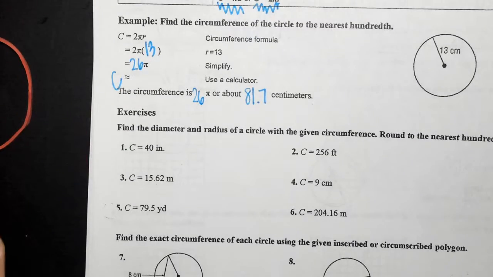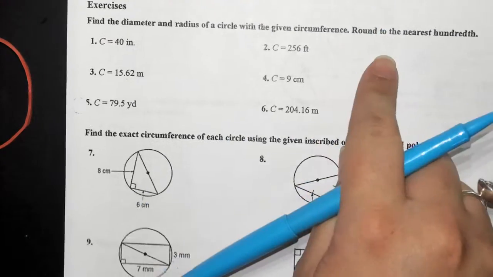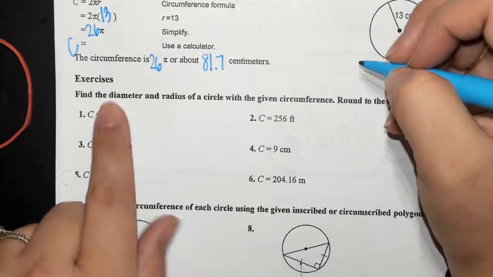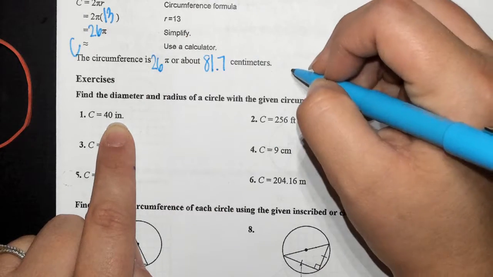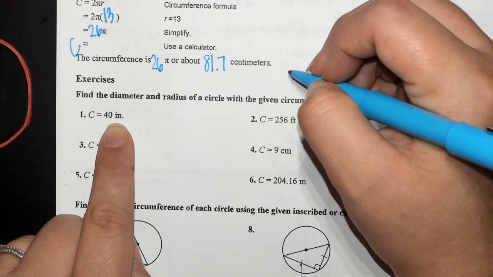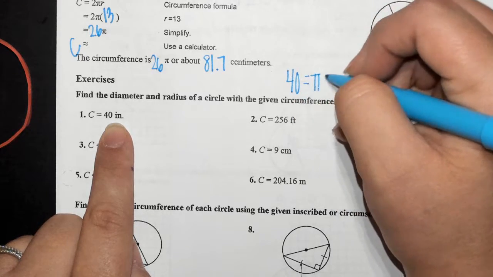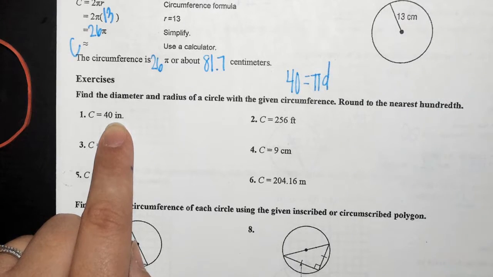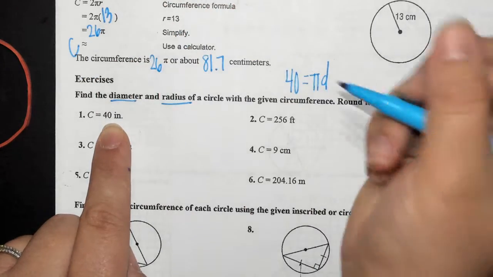Okay, so for number 1, find the diameter and the radius of a circle if we're given the circumference. Well, if I know the circumference is 40, are y'all paying attention? If I know the circumference is 40 and I want to find the diameter, can't I just divide it by pi? I would do that every time, find the diameter first. Because in this case, I have to find the diameter and the radius.